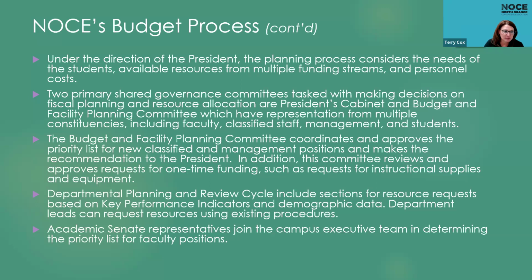And then the department leads can request resources using existing procedures. And so again, we take all that into consideration and then decide what available resource funding streams can accommodate all these requests. And then the Academic Senate representatives join the campus executive team in determining the priority list for faculty positions.